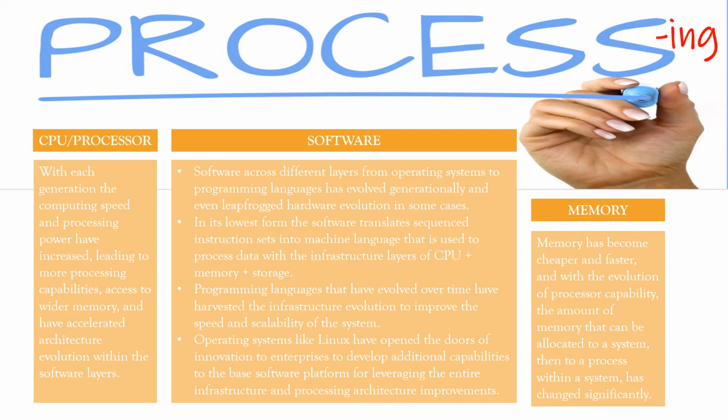Also, besides the different programming languages, you can see the operating system. Different operating systems like Linux or Windows. There are two different operating systems here. Like Linux, they have opened the doors of innovation to enterprises to develop additional capabilities to this software platform for leveraging the entire infrastructure and processing architecture improvement. That is Linux.